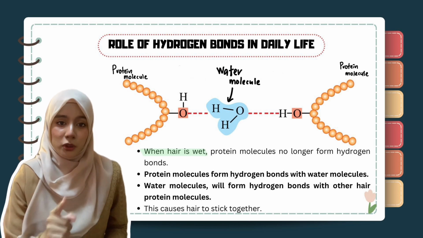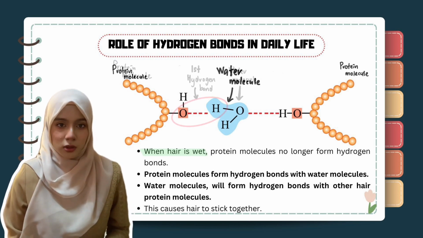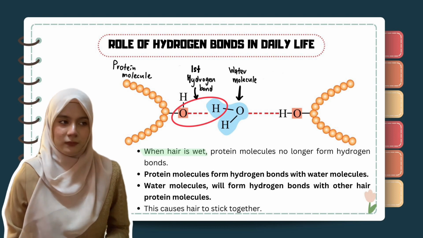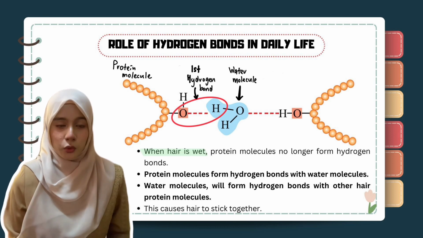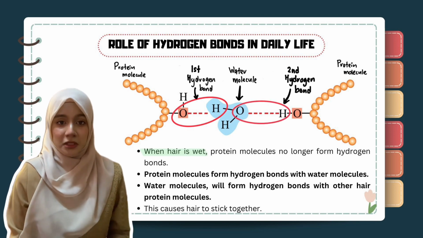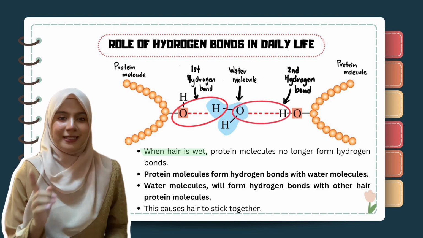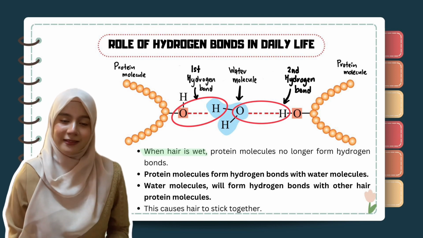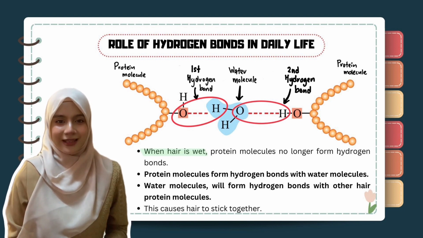Instead, the protein molecule will form the hydrogen bond with the water molecule, and then this water molecule will also form the hydrogen bond with the other hair protein molecule. So that is the reason why our hairs stick together when it is wet.